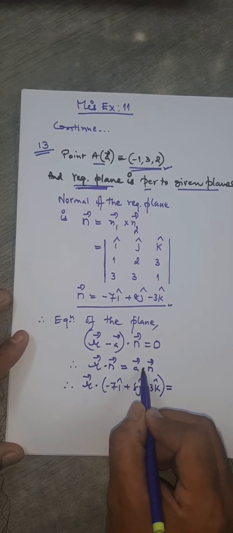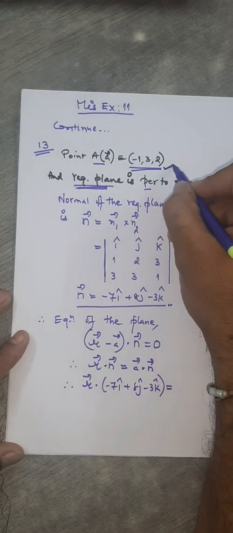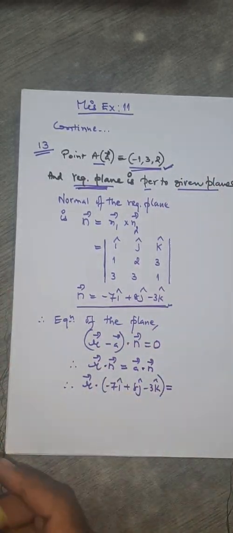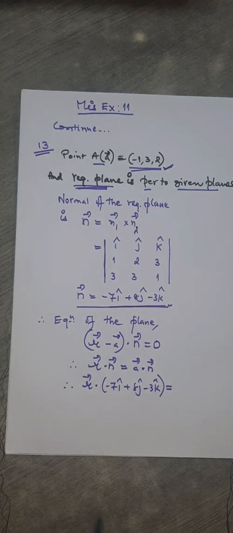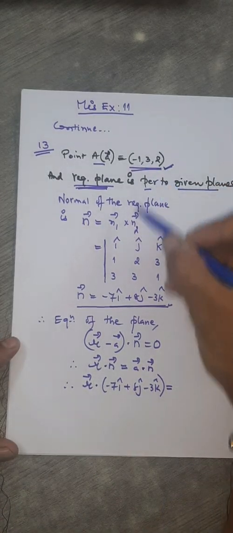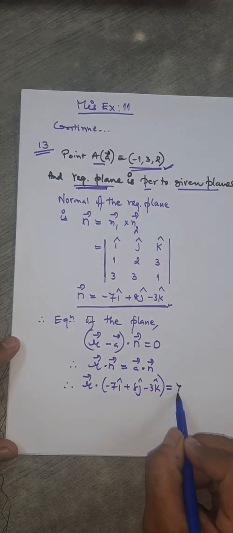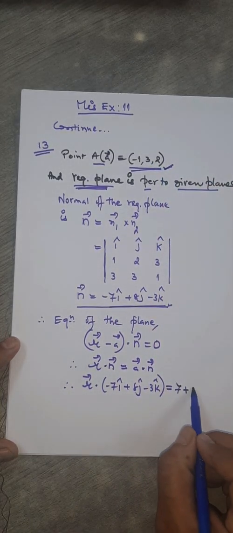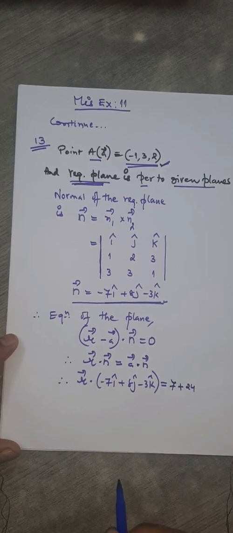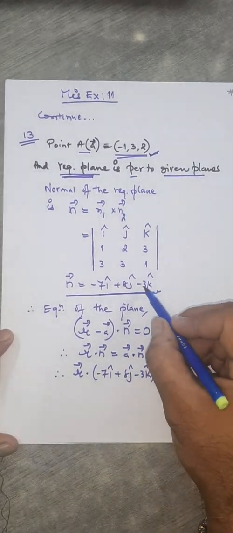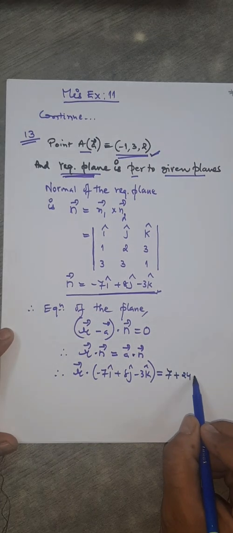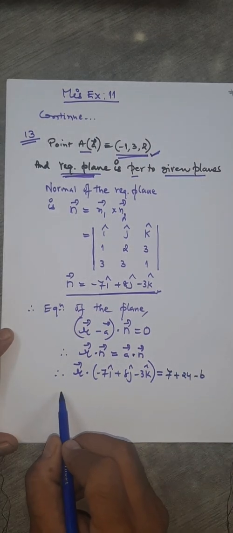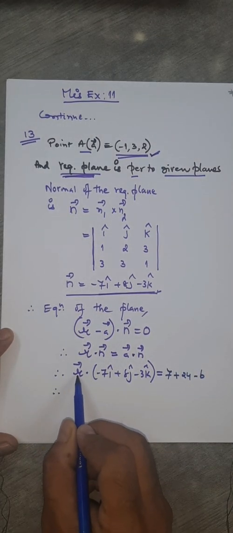Here is the dot product of this fixed vector and the normal to the plane. If I write the dot product here, minus 1 times minus 7 is just 7, always plus, then 8 into 3, which is 24, and finally minus 3 into 2, which is minus 6, and here you can write x, y, z.